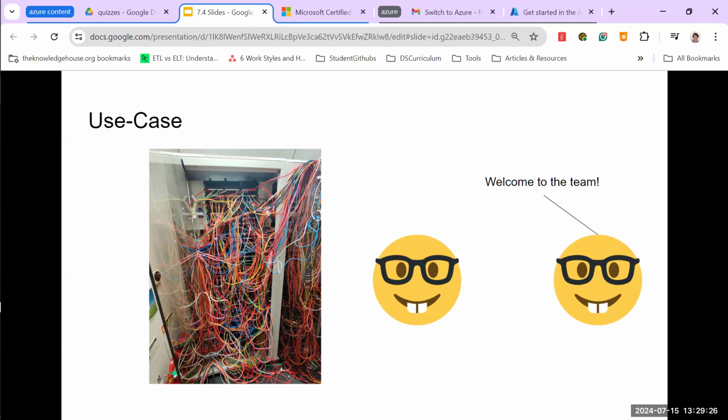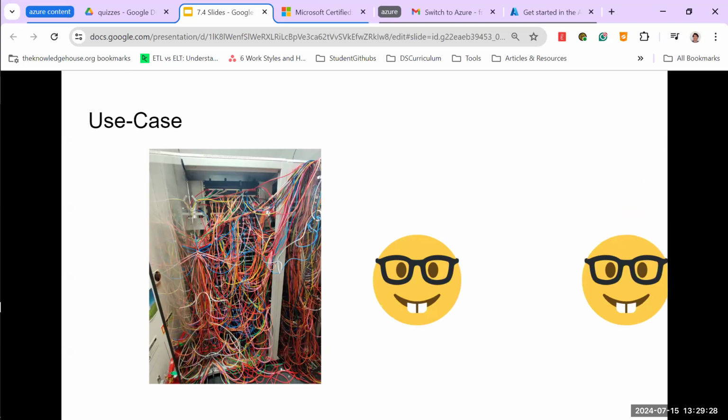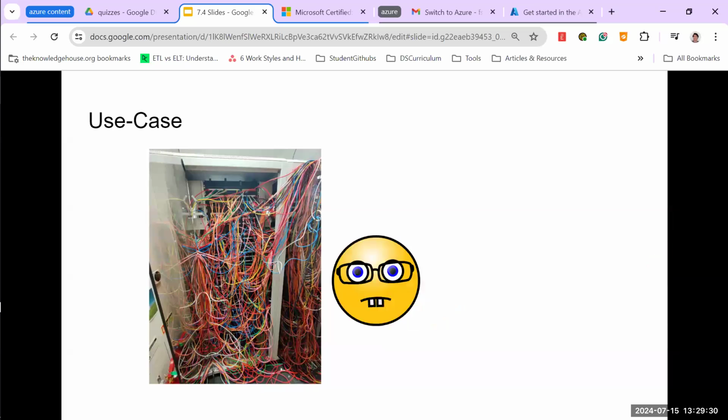You might find yourself being introduced to a tech stack, and the burden of responsibility of updating this tech stack will fall directly on you. And this image of this server with terrible wire management is a pretty good approximation of what an abstract tech stack looks like. Now, I've been in this position myself, and in all honesty, I was not too well versed on my data fundamentals, and that made the job a lot harder.